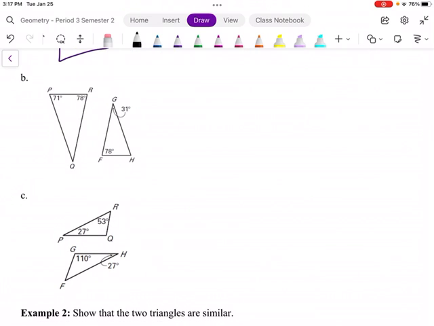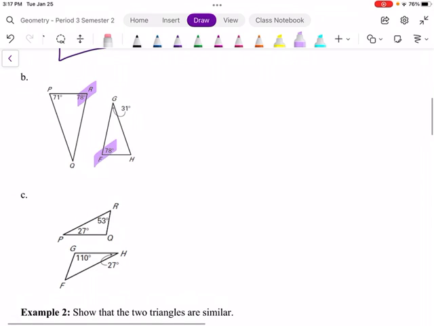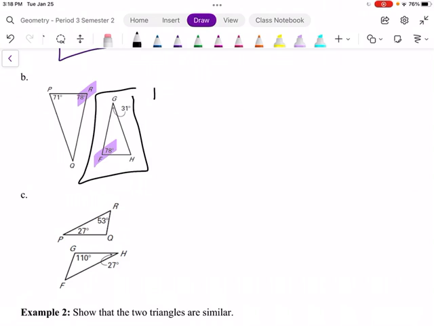So in our next one, I noticed they both have a 78 degree, and then they are missing one of the angles. So if I look at, let's do my second triangle this time. If I look at this one, I know we have 180 degrees for the three angles, and then I'm going to subtract 109. And I got that 109 by adding 31 plus 78.